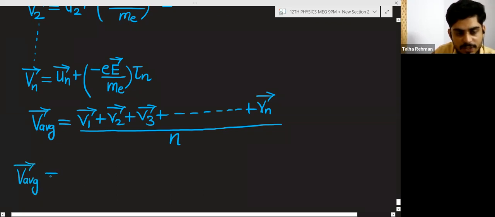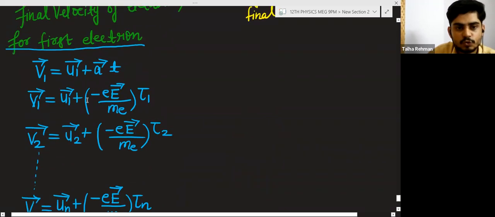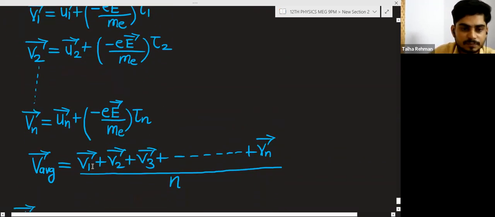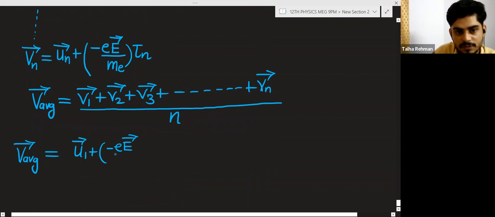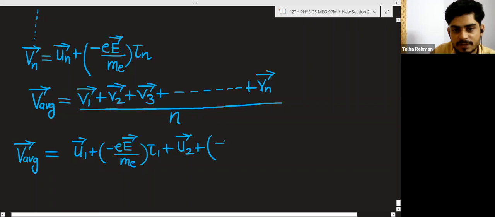V average is equal to, put the value of v1 here: v1 is equal to u1 plus minus E vector divided by the mass of electron into tau1, and for v2 write u2 plus minus E divided by me into tau2.